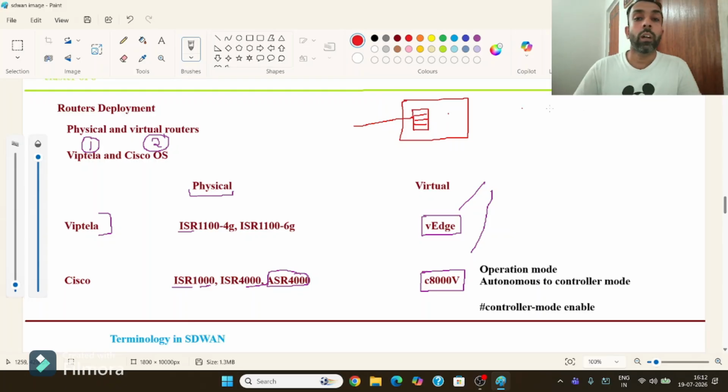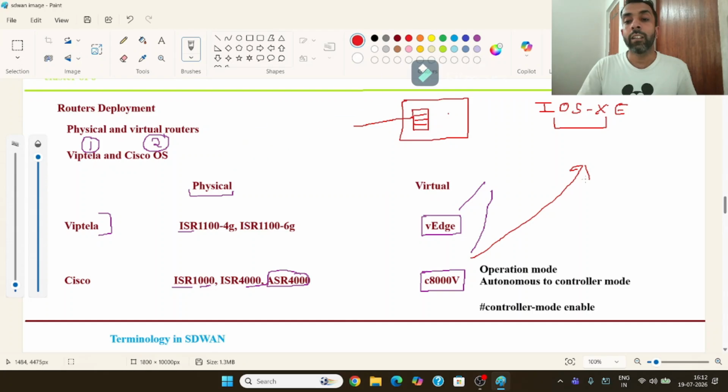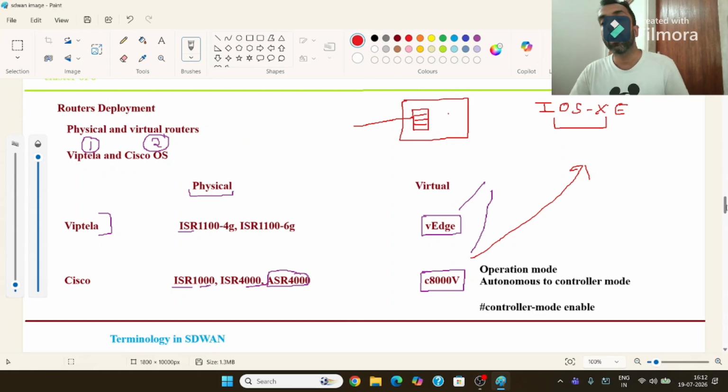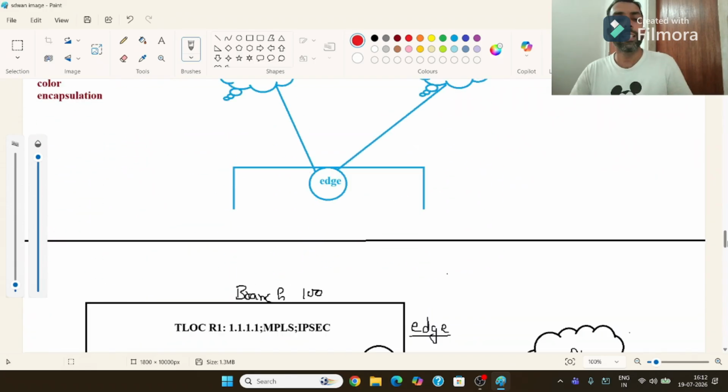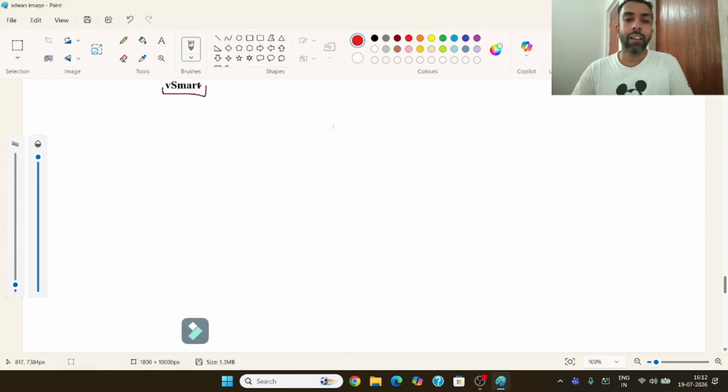If I talk about the operating system of Cisco, the operating system is iOS XE operating system devices which are available. And if you want to run this virtual device, this Cisco device, in the SD-WAN mode, in that case, you will have to change the mode of your particular router. For example, let's say I have a router.